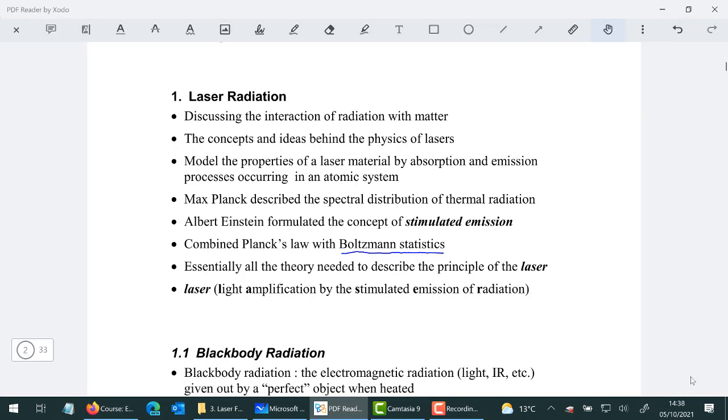The special thing about laser light is that it's not a thermal process. It's a process by stimulated emission. So we'll see exactly what that means in a little while.